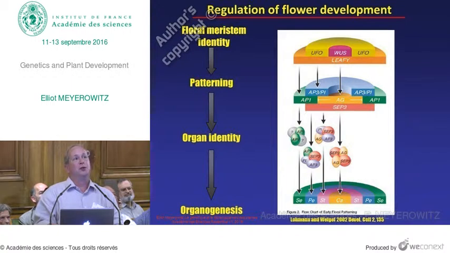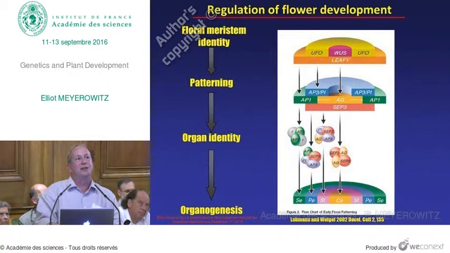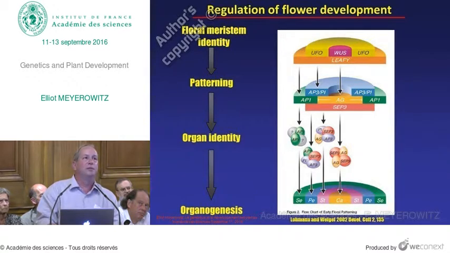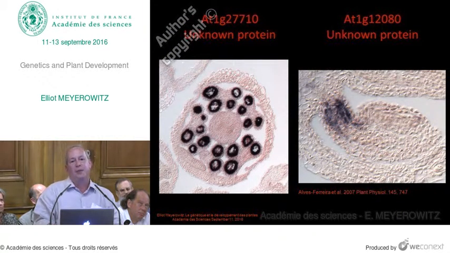A tetramer of APETALA3, PISTILLATA, AGAMOUS, and SEPALLATA3 does something different from one of AGAMOUS and SEPALLATA3, so these tetramers activate or repress different downstream genes, and they lead to the specification of organ pattern.